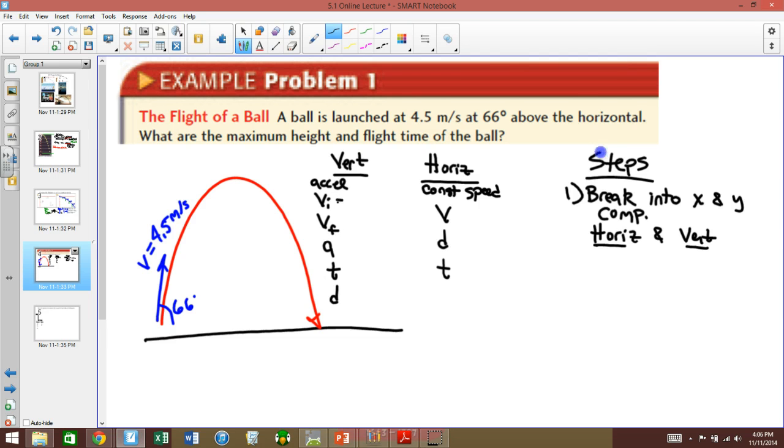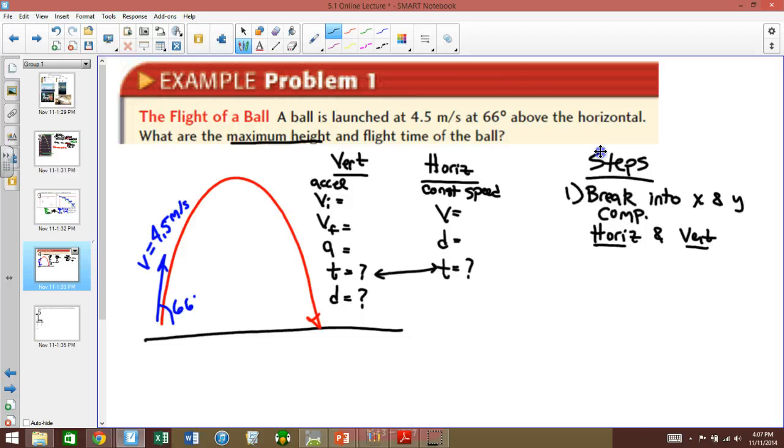So these are the things that I could know about this. First of all, it wants to know the height. So I'm looking for a vertical distance. That's the height. And I'm also looking for the time. And remember that maybe these are linked.